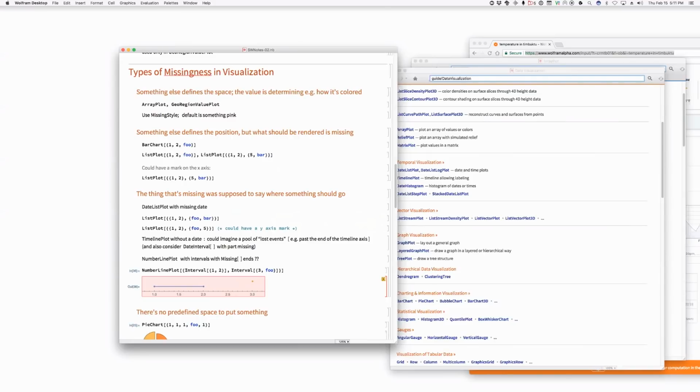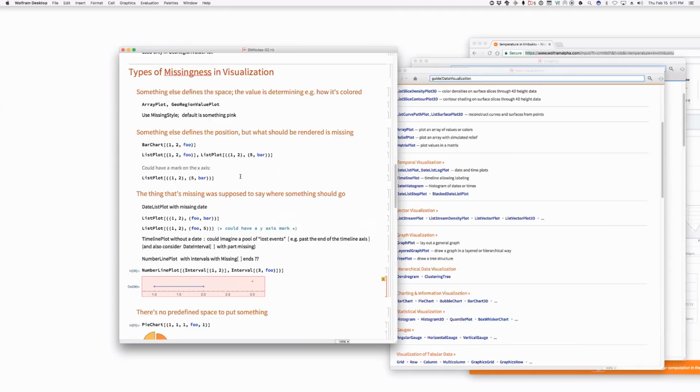Okay. Something else defines, but what should be rendered is missing. All of these cases could have a mark of some kind, and probably should. It's more informative to mark it than not to.